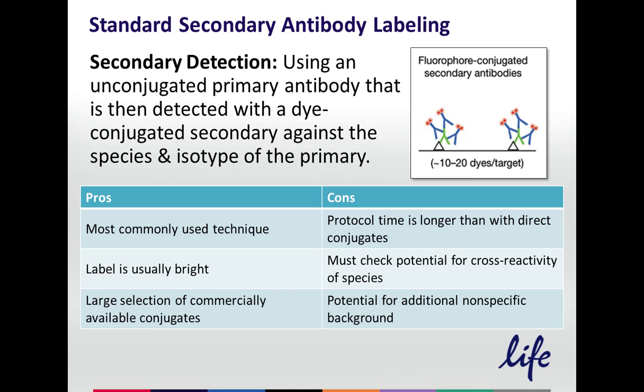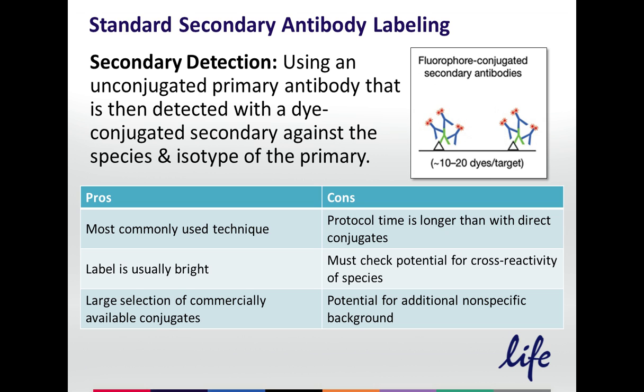So when you purchase your secondaries, you have to check and make sure that they've been cross-absorbed against the other species to minimize that cross-reactivity. Sometimes when secondaries come to you, the manual will say what they've been cross-absorbed against. If not, it's a good idea to call technical support and ask about it.